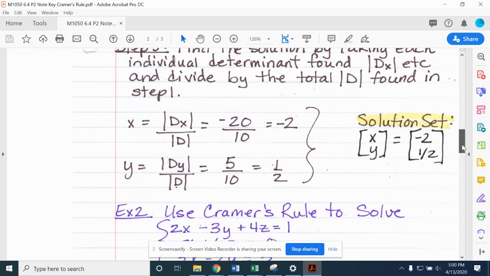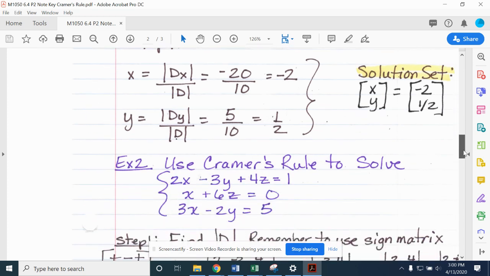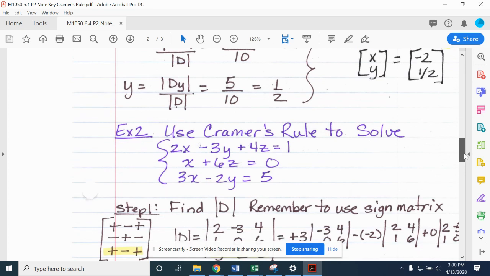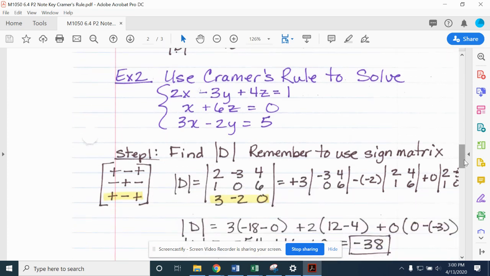Now, what happens if it's bigger? Example 2, we're going to use Cramer's rule again, and this is going to be a 3 by 3. As a reminder, when we're finding the determinant of a 3 by 3, we also have to use our sign matrix.